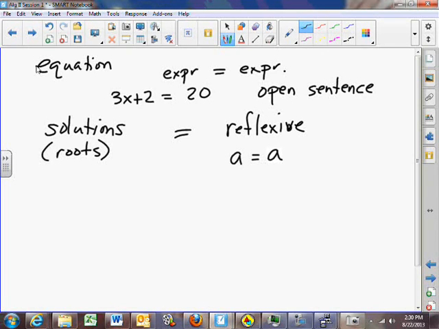The second property of equality is called the symmetric property of equality. And it's a conditional statement.